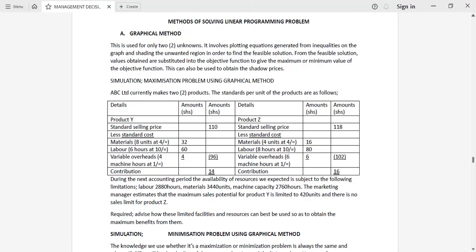But you have to know that the shadow price is going to be asked within the graphical method, and it is going to be asked in the simplex tableau method. So it's upon you to see how we can get that shadow price out of those methods.